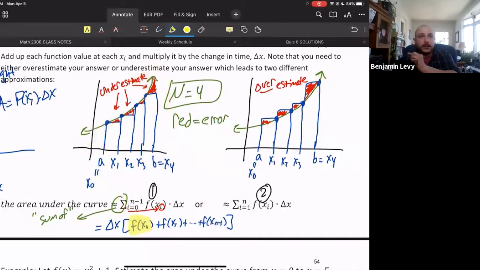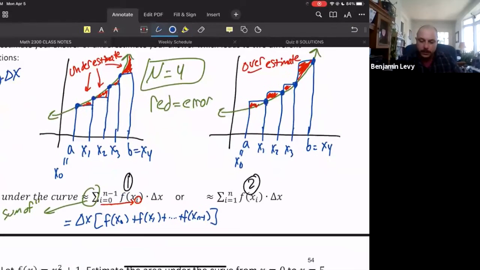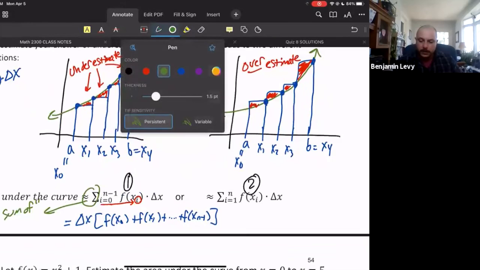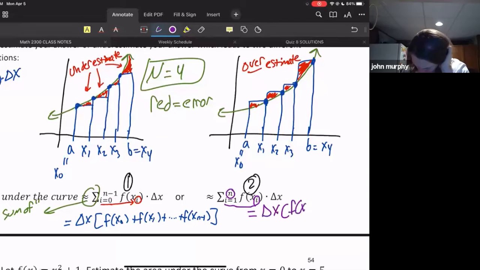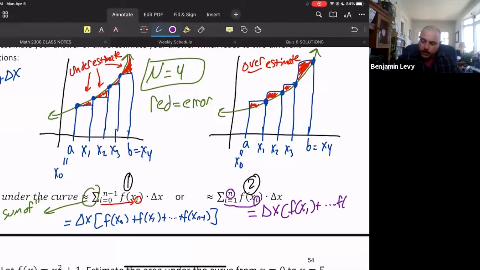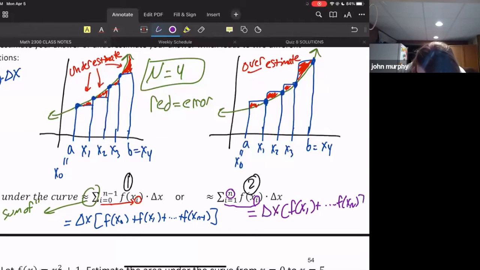So if we write out the second formula, this one's going to be delta x. Notice how n starts at 1 and goes all the way to the last. So we're going to have f of x1 all the way to the last one.